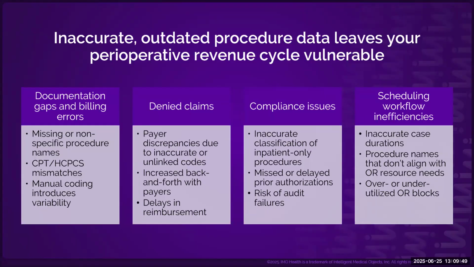Compliance issues: inaccurate classification, ambulatory surgery center codes, and/or inpatient-only codes can lead to denied claims and revenue loss. What is inpatient-only procedures? Released by Medicare. Medicare identifies certain complex procedures as inpatient-only, meaning they typically require an inpatient hospital stay for patient safety and appropriate care.